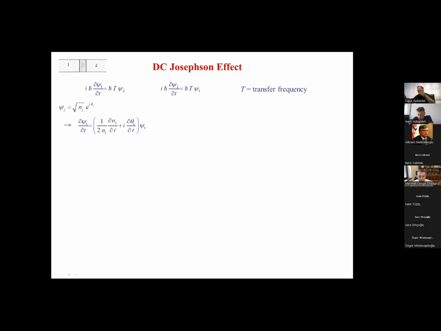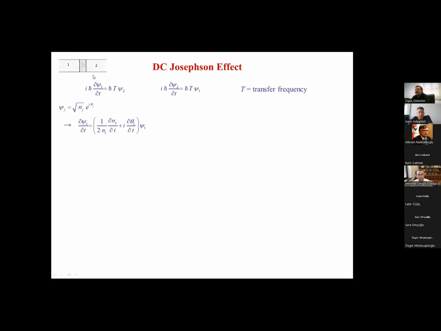Okay, there is no bias in this case, in the DC case, between them. With a very simple approach, we can describe this like this. So psi1 and psi2 are describing the first superconductor and the second superconductor. We can simply write that in terms of the phase and the particle density in this simple form.